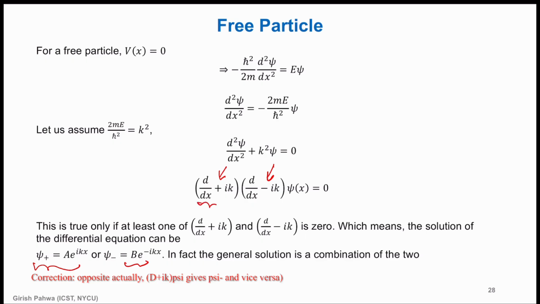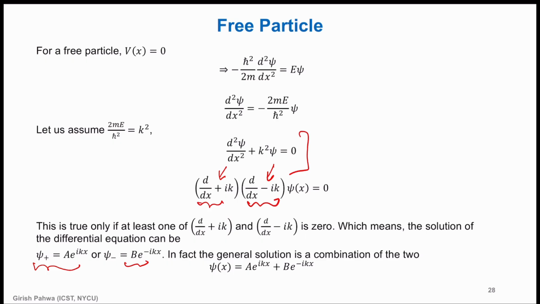One corresponds to this, the other corresponds to this. So what will be the general solution? You have two particular solutions. The general solution of this equation, not the actual Schrödinger equation, will be this: the algebraic sum of the two.